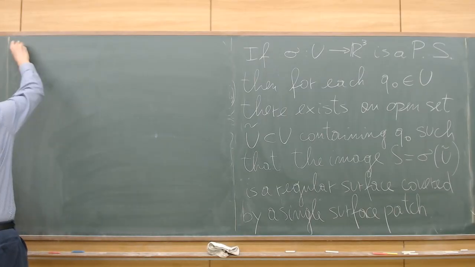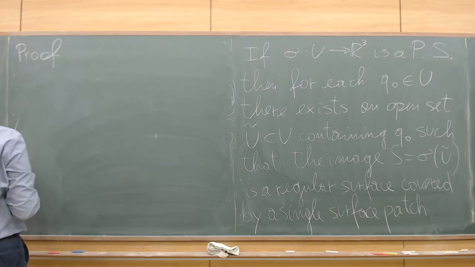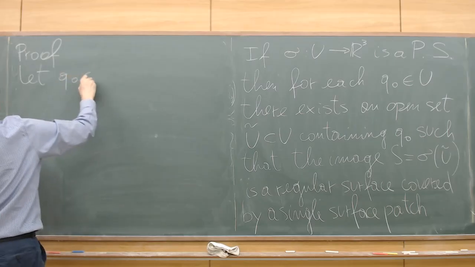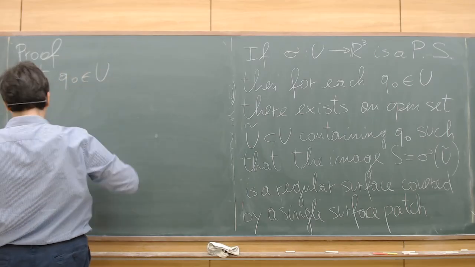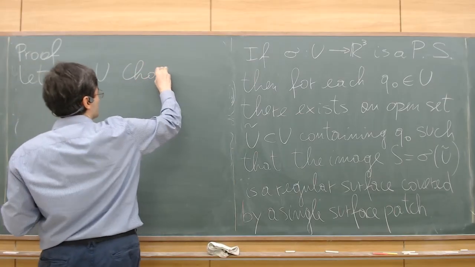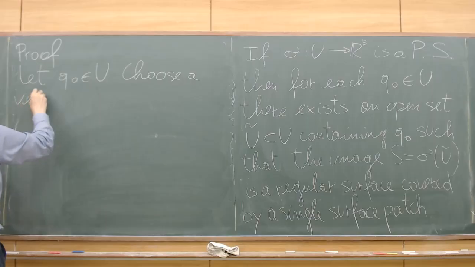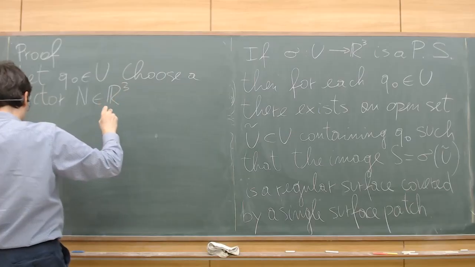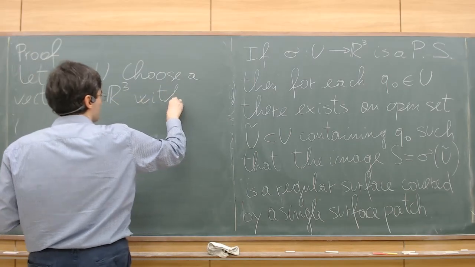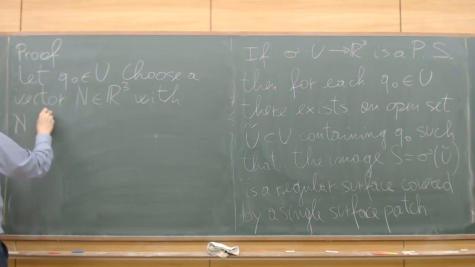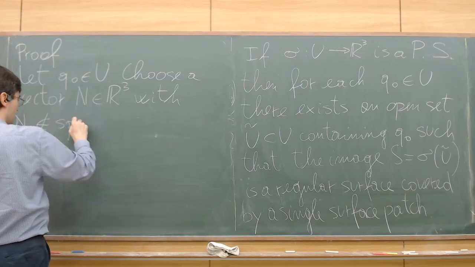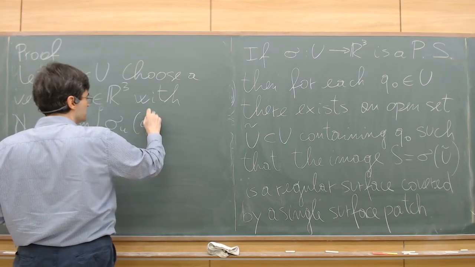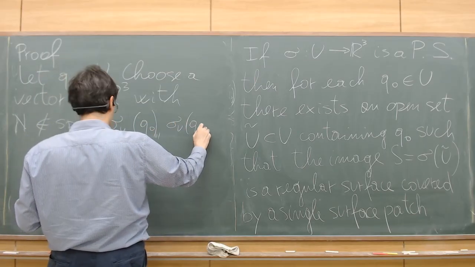Okay, proof. So let Q0 be a point of U, then choose a vector n in R3 with n not in the span of sigma u Q0, sigma v Q0.